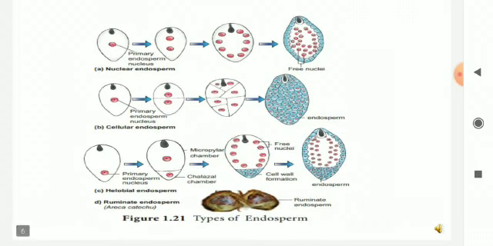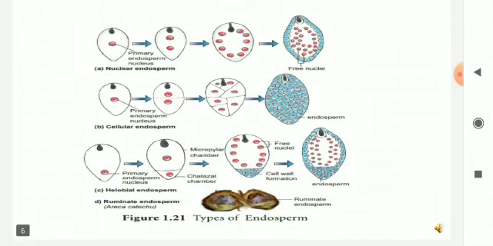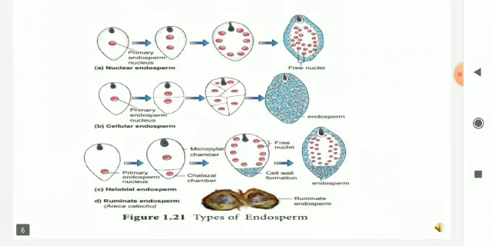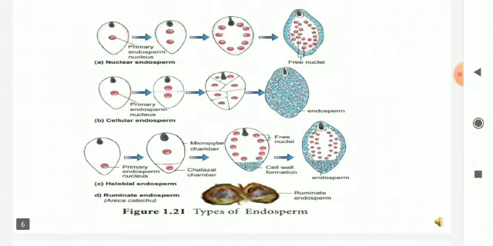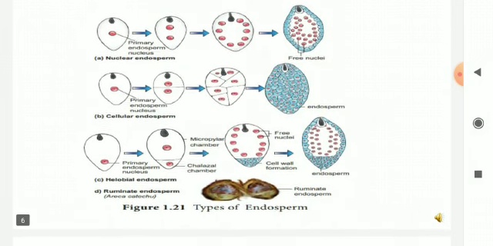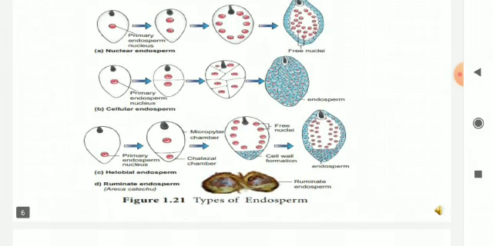In young coconut, we find coconut water or coconut milk, which is actually free nuclear endosperm. As the coconut matures and cytoplasmic division occurs, we find endosperm which is cellular in nature.